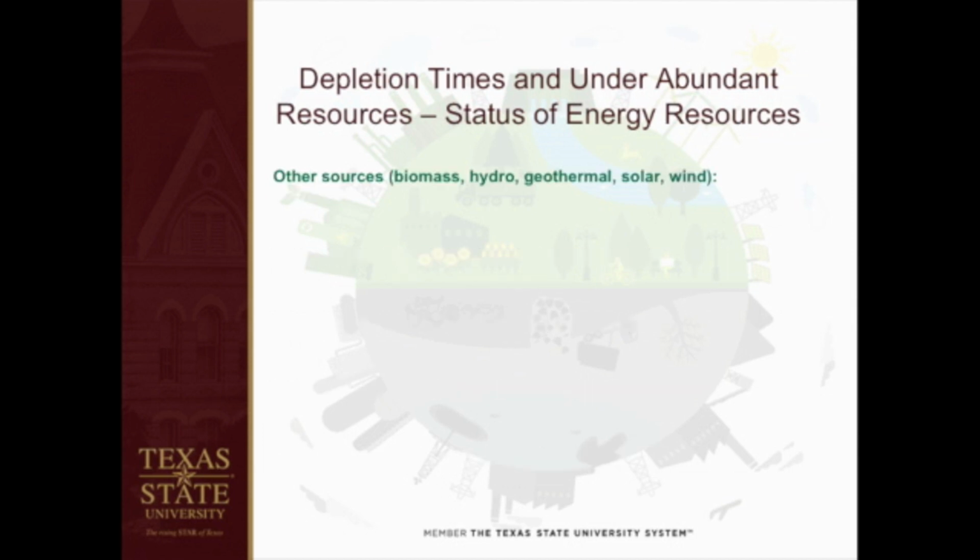The other sources that are being currently looked at, biomass is like firewood or other stuff that you burn and directly get energy, like your fireplace, or burning oil. Hydroelectric, geothermal, solar, wind. Well, in the best possible scenario, as technology exists now, for various reasons, hydroelectric is at the mercy of nature, right? You have drought, you don't have rains.